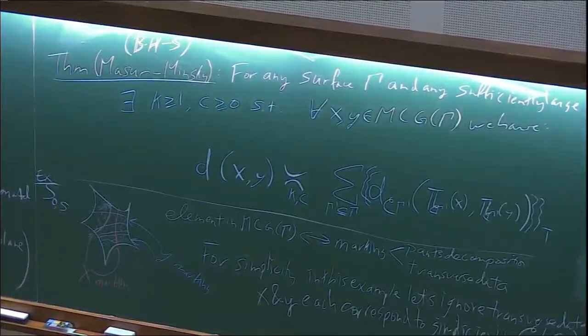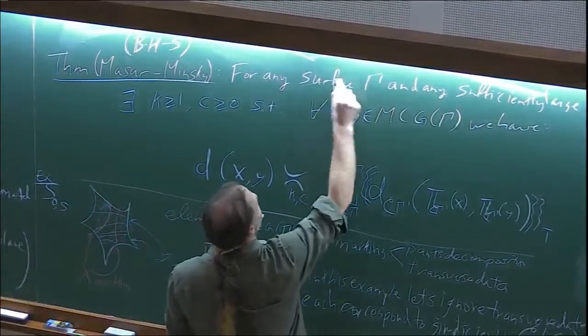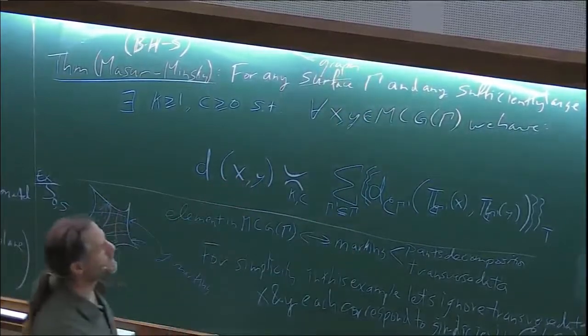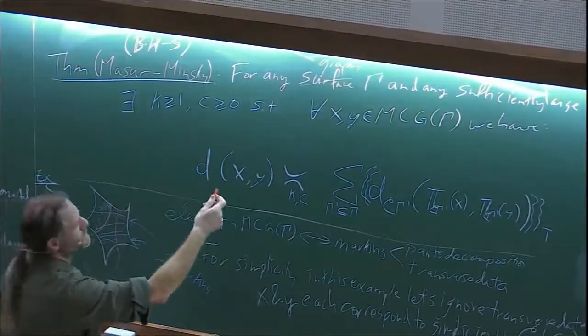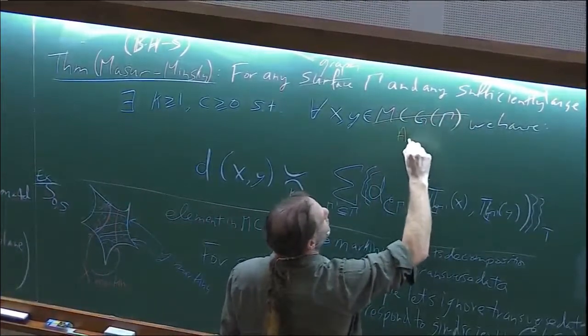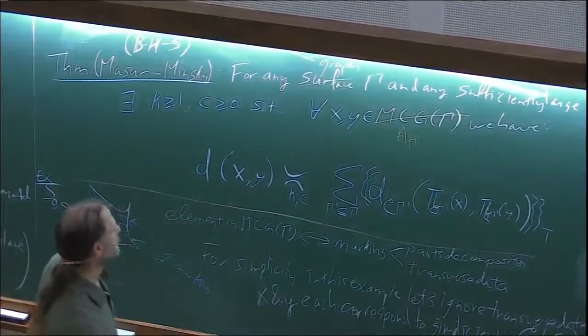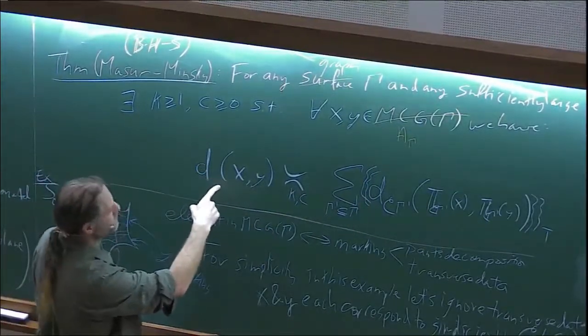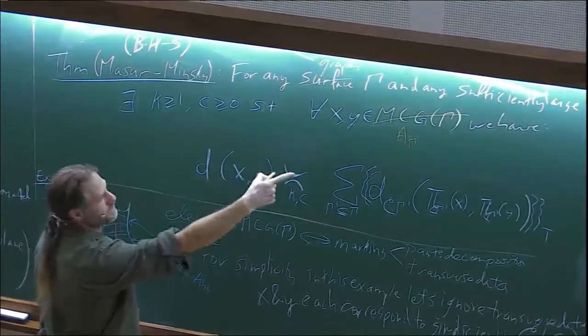For any graph gamma, instead of a surface, and for any sufficiently large threshold t, there are constants such that for any pair of points inside the right-angled Artin group of gamma, you can estimate the distance. Before it was distance in the mapping class group, now it's distance in the right-angled Artin group.